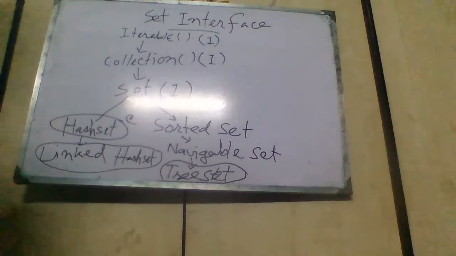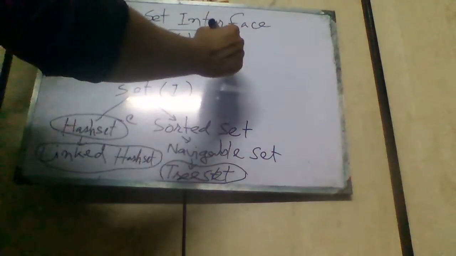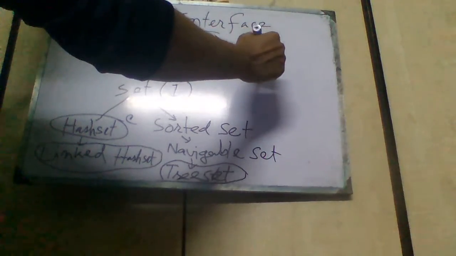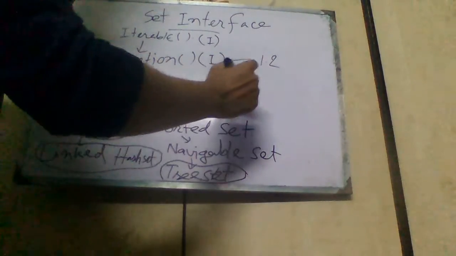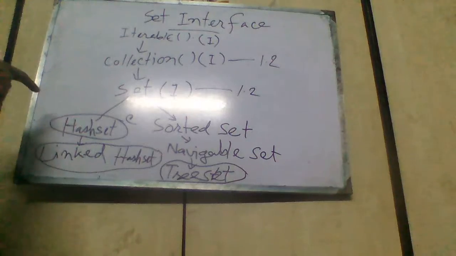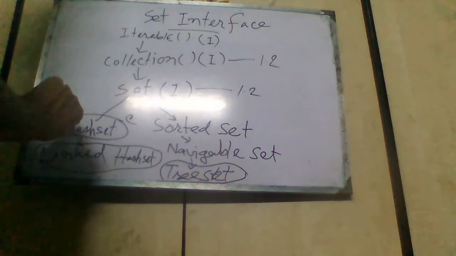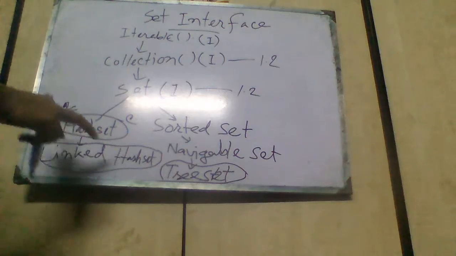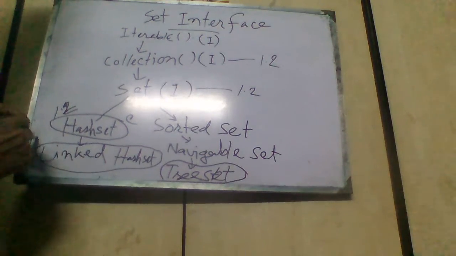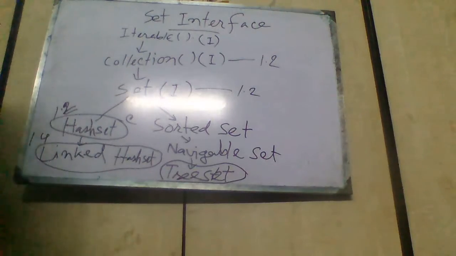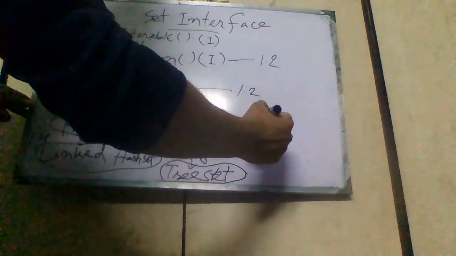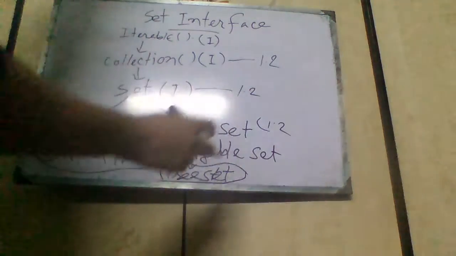Now you can see that the Collection interface was introduced in Java version 1.2. The Set interface also came in version 1.2. HashSet came in version 1.2. LinkedHashSet came in version 1.4. SortedSet came in Java API version 1.2.